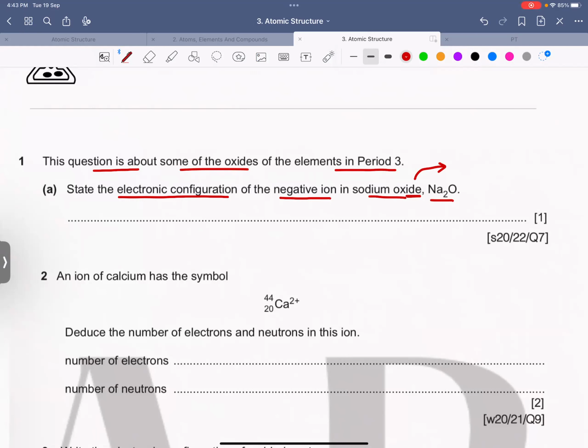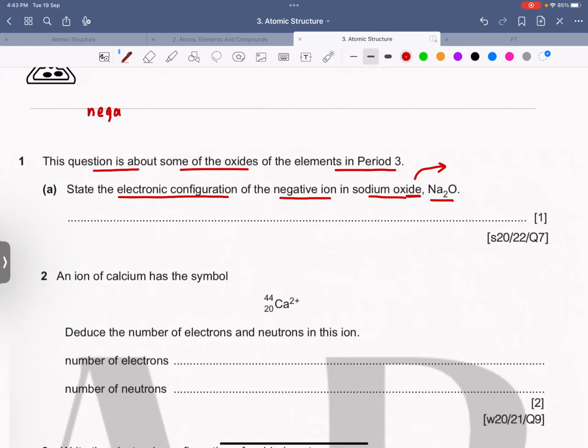So whenever the last part of the name of the element is replaced by ide or ate or ite, then it indicates that it becomes a negatively charged ion. Is this clear? How we got to know which is the negative ion?